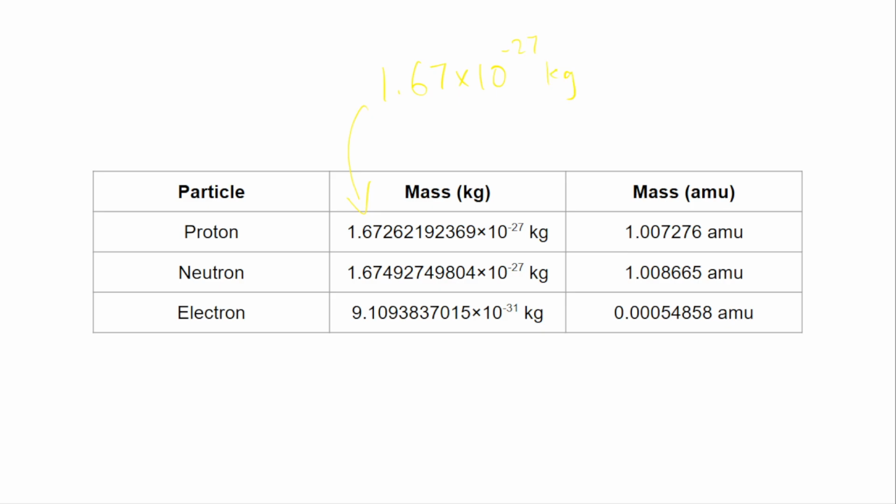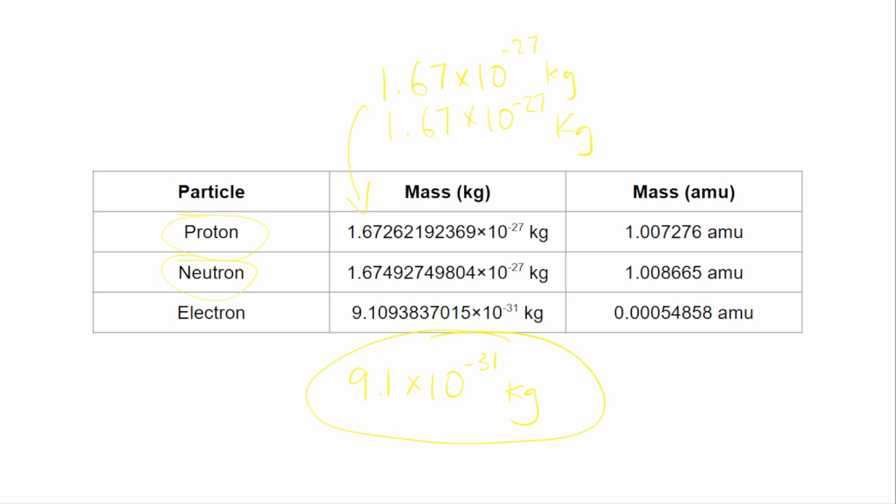And then neutrons is 1.67 times 10 to the negative 27 kilograms. And then electrons is 9.1 times 10 to the negative 31 kilograms. So this number is much smaller compared to protons and neutrons.